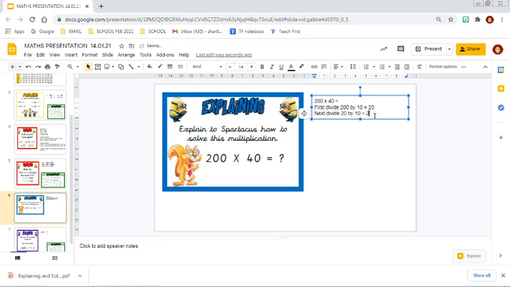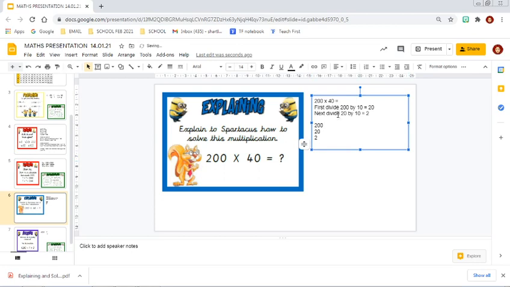So what we've done is we had 200, we've divided it by 10, which has given us 20. We've divided that again by 10, which has given us 2. And we could also do the same for the 40 here, and then bring it back together.